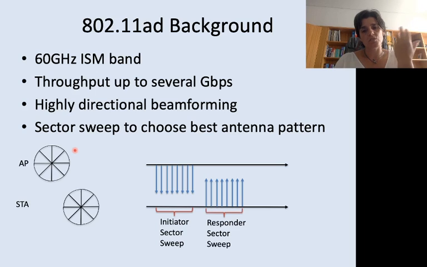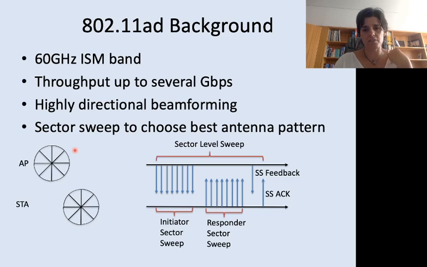These are the responder sector sweeps, where the AP is also listening with an omnidirectional antenna and measuring the SNR, so it can choose the best sector for the station to use. It then sends that information as sector sweep feedback to the station, and the station acknowledges it. This is the end of the sector level sweep. After this, both the AP and the station know the best sector to use in their communication.